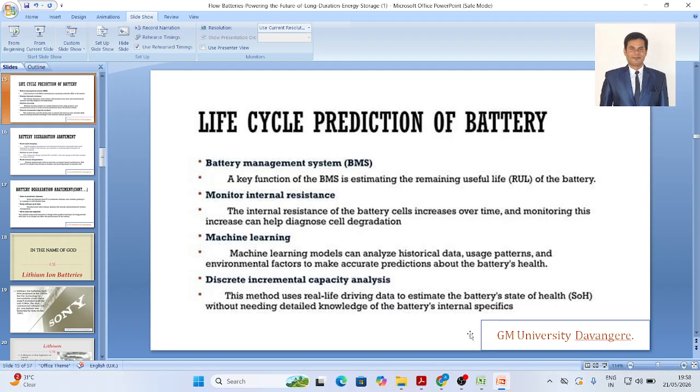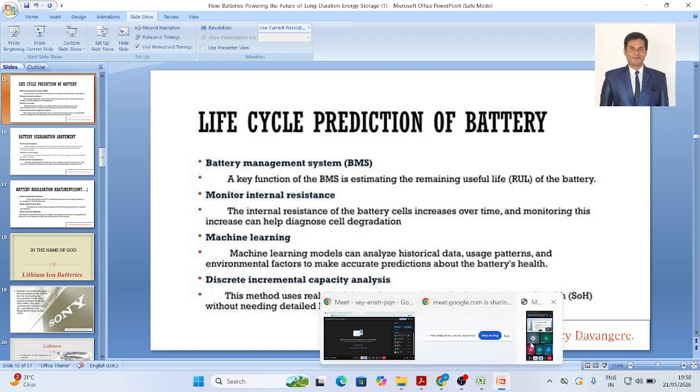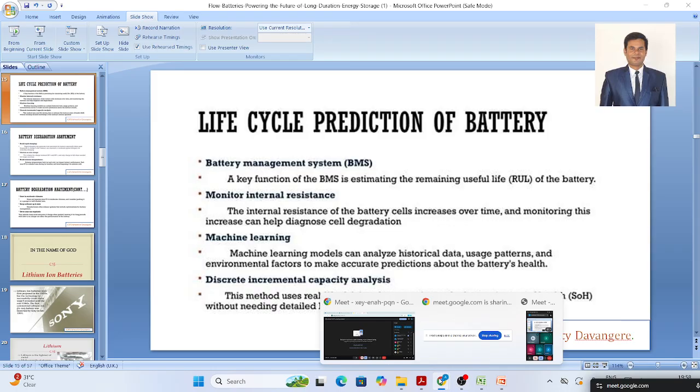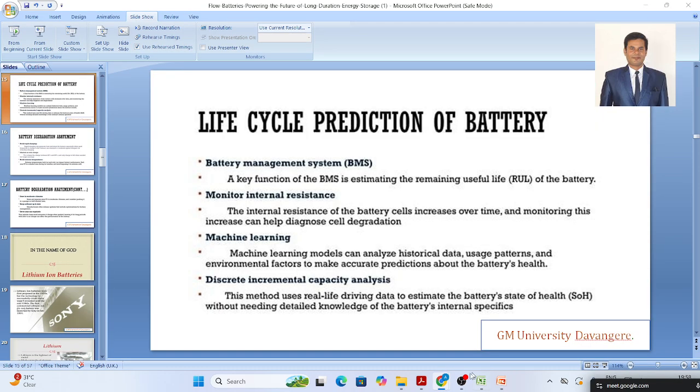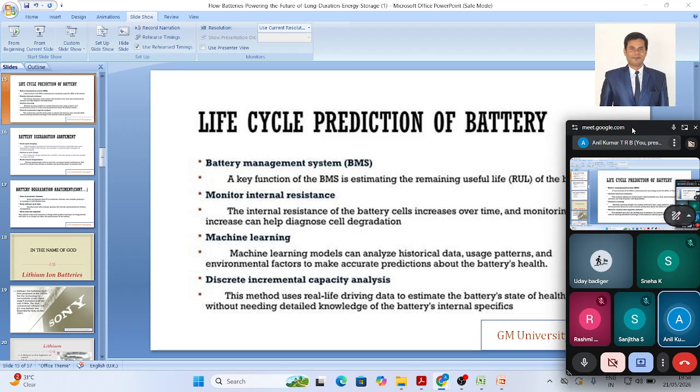If you have any queries, you can ask me. Shall I wind up the class if you don't have any queries? We are about to finish our classes. Uday? Is the concept clear? Yeah. Sneha?